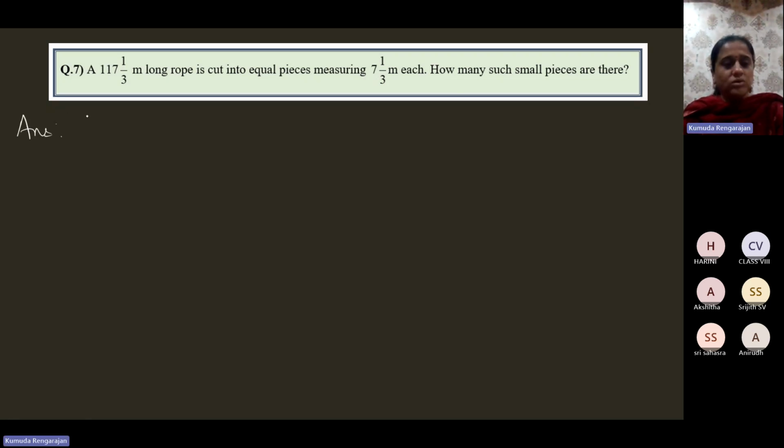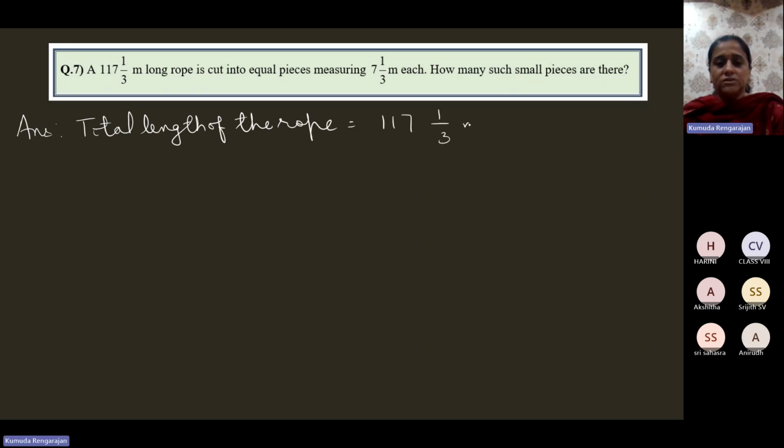Okay. So the total length of the rope is 117 1 by 3 meters. So 117 into 3, 351, plus 1, 352.